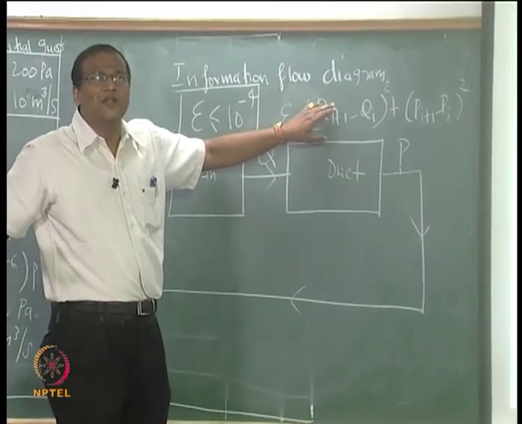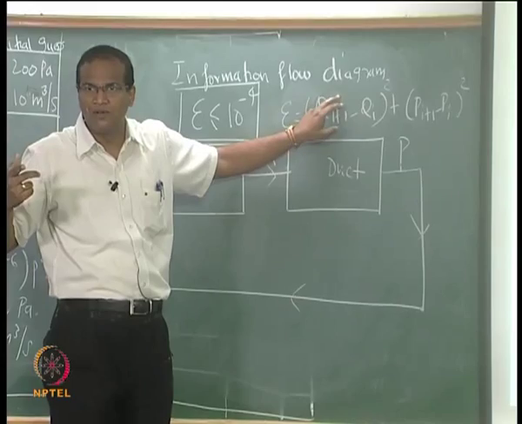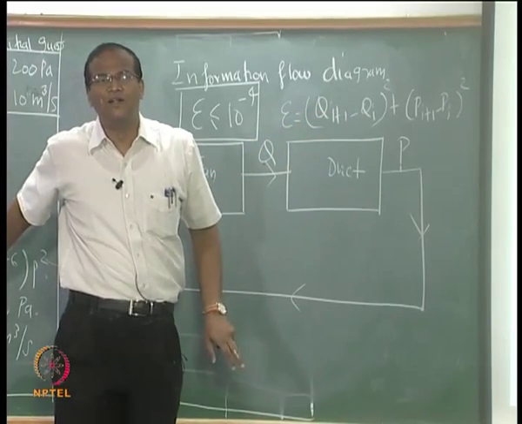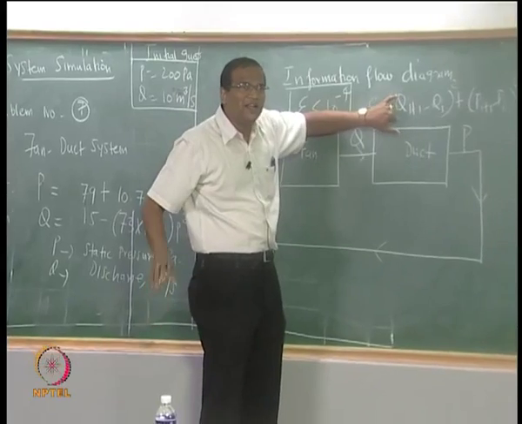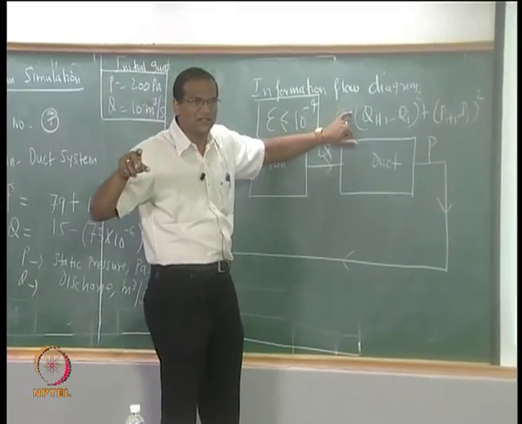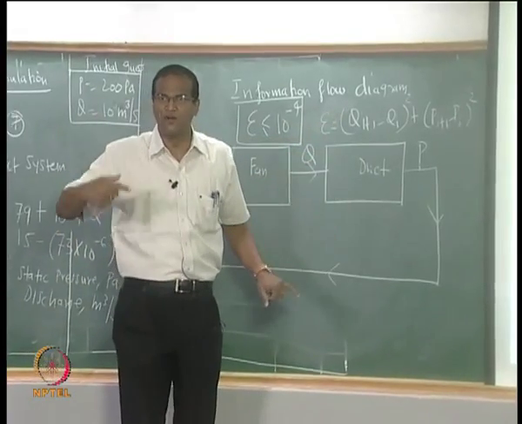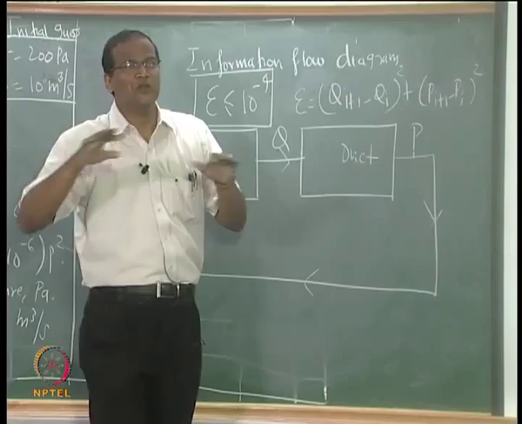You may think that this is not the most important part of the problem, and that using the algorithm and getting the solution is the most important part. But this is also equally important, because in real life nobody will tell you what the stopping criterion is. It is for you to figure out, to get convinced that you have reached a level at which the solution will not change.